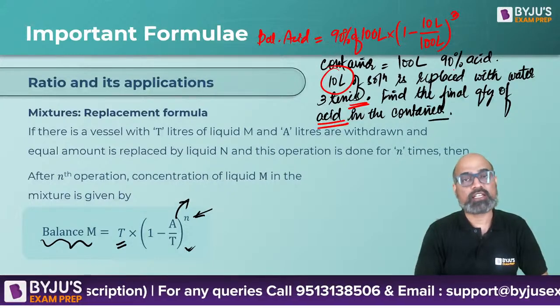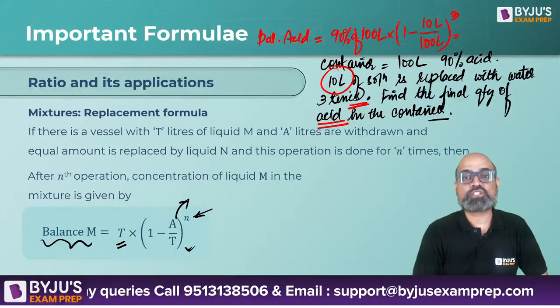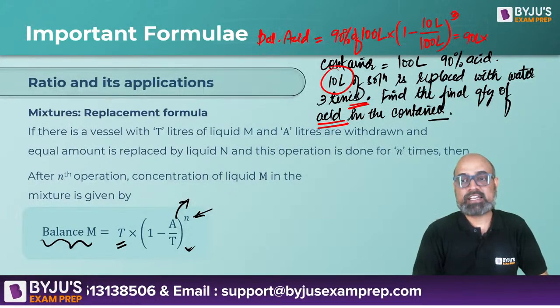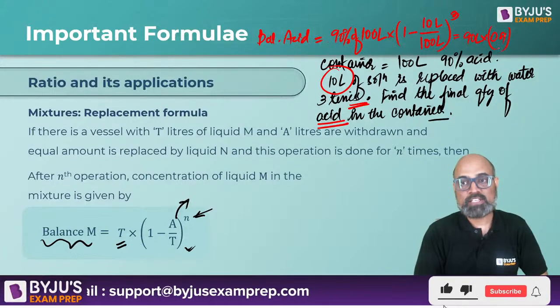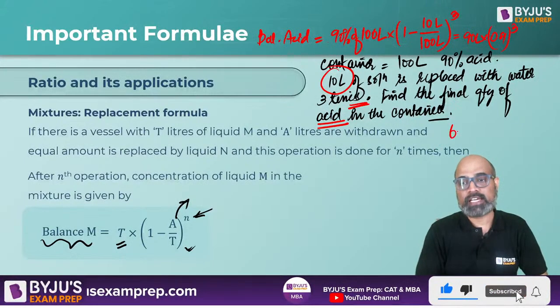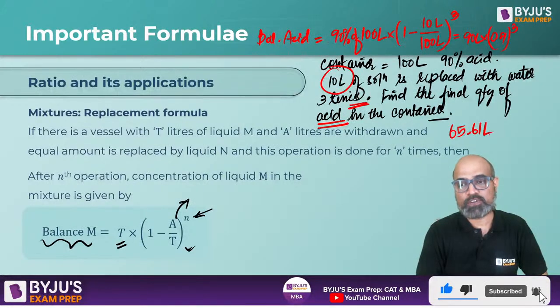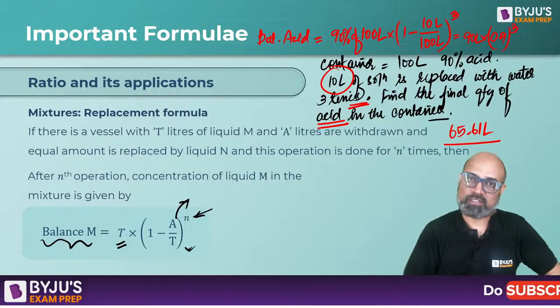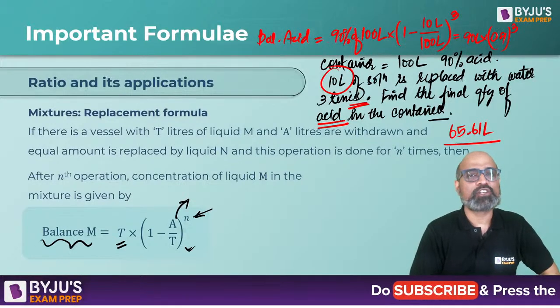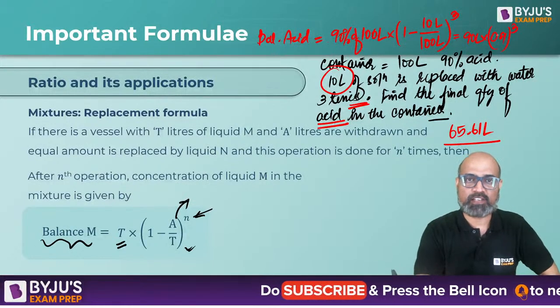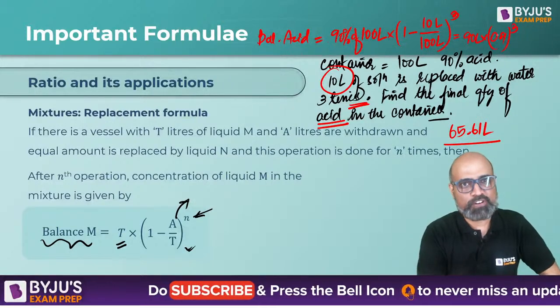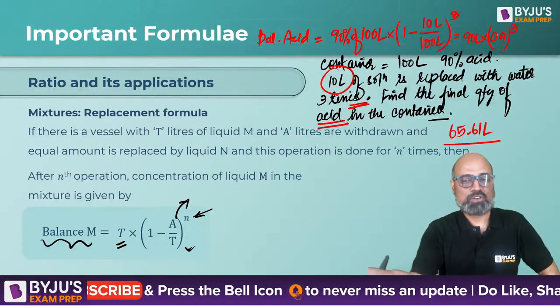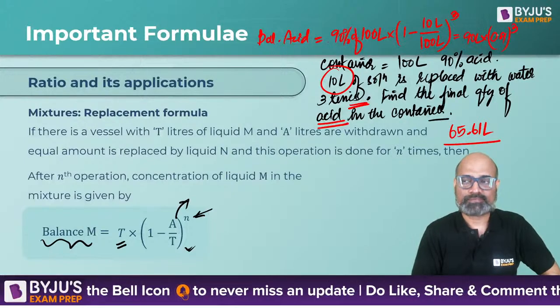So the power goes as 3. So this changes to 90 liters into 0.9 cube, and if you solve it, you will get 65.61 liters of acid eventually left. You will have to solve it. Or you can take 9 cube into 9, which is 6561. 9 to the power 4 is 6561. Just put the decimal point in yourself.